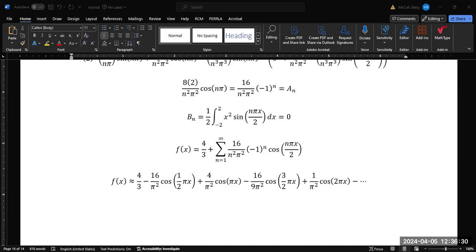And as I keep adding terms, you can see that in this region between -2 and 2, it becomes more and more and more like the function that we are trying to model, except that it also has the periodicity.